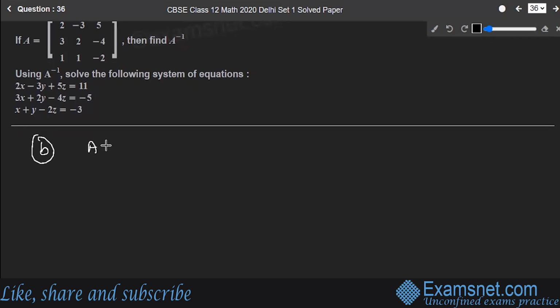You are given that A is equal to 2, minus 3, 5, 3, 2, minus 4, 1, 1, and minus 2. So you have to find out A inverse over here.